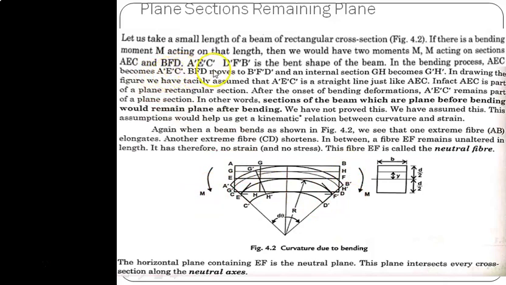A', E', C' and B', F', D' is the bent shape of the beam. After bending, the profile becomes like this, that is the bending profile.